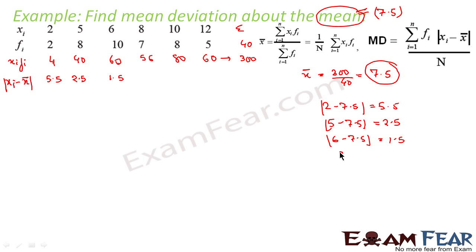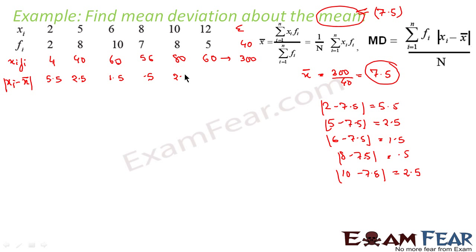Similarly for 8, 8 minus 7.5, the mod is 0.5. For 10, 10 minus 7.5, the mod comes out to be 2.5.